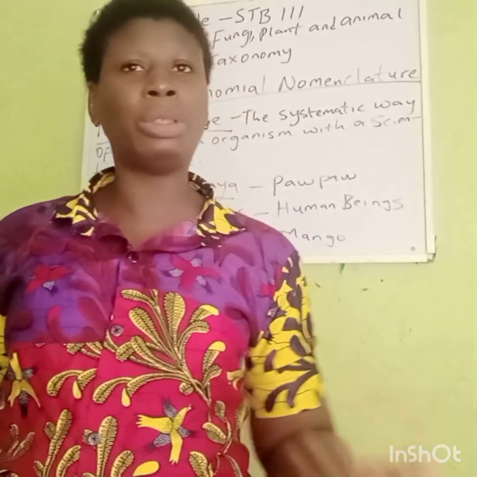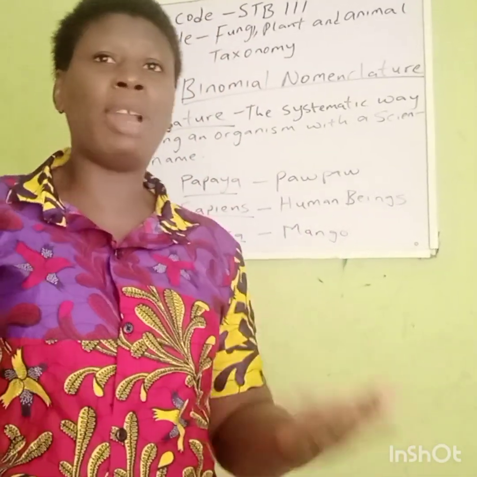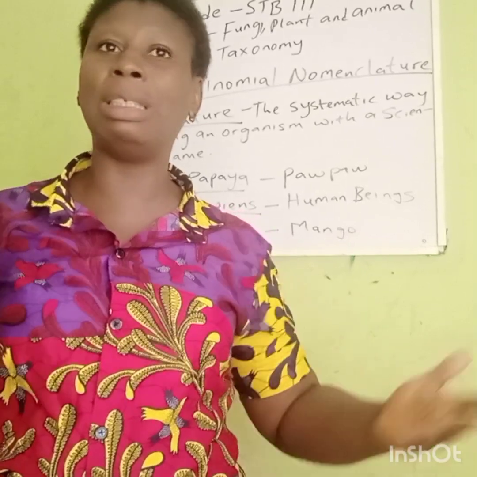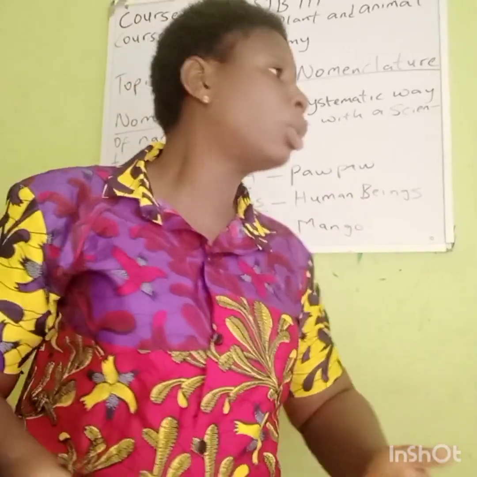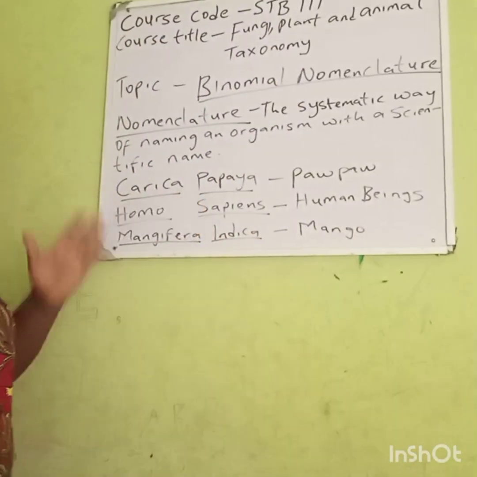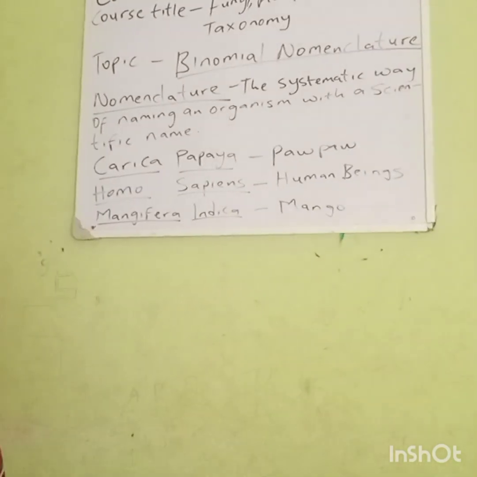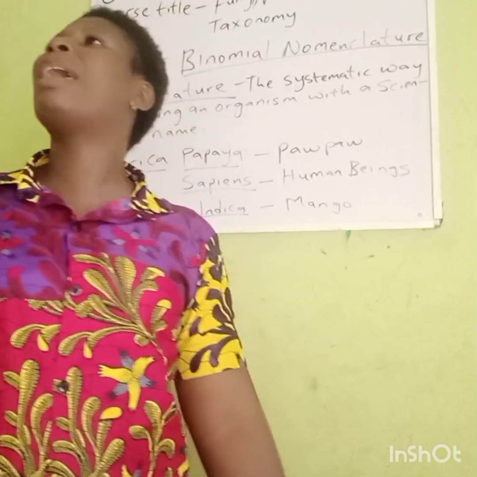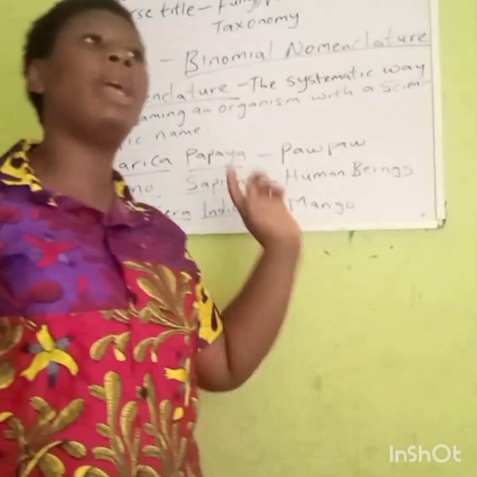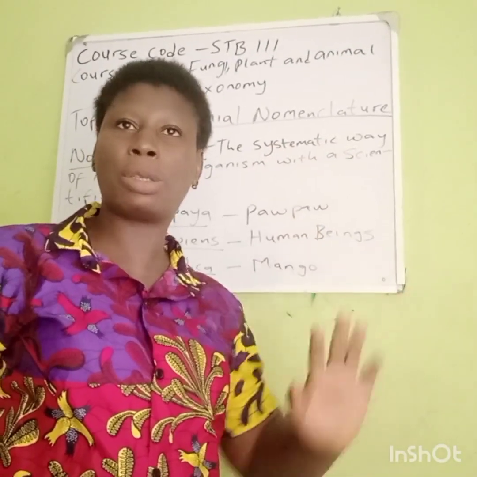So different countries, different native languages call the same organisms and the same plants different names. So when it is given a scientific name, that scientific name will be a unique name for that organism or plant. And in every part of the world, when you mention that scientific name, the person will know what you are talking about.